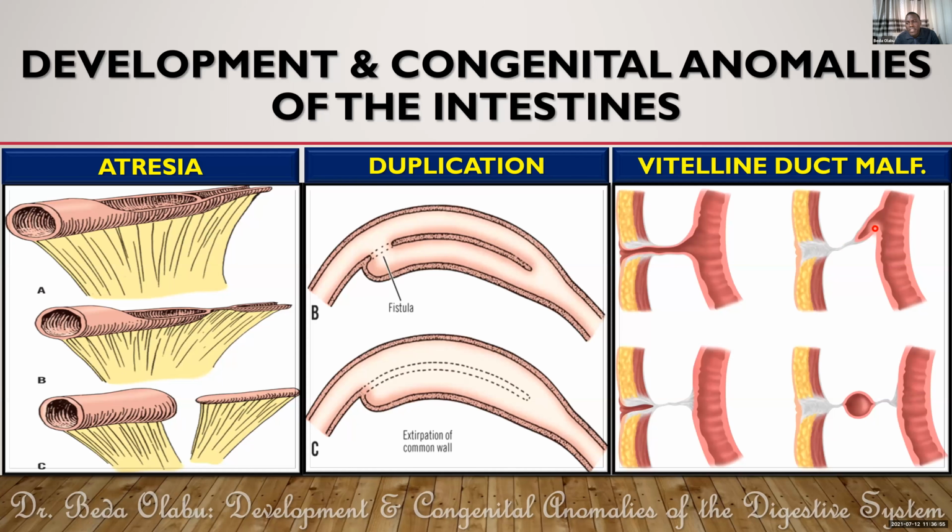This is called Meckel's diverticulum, but this one is called fibrous cord. This is fibrous cord, and this is the vitelline duct sinus. This is fibrous cord, this is fibrous cord, this is vitelline duct cyst.